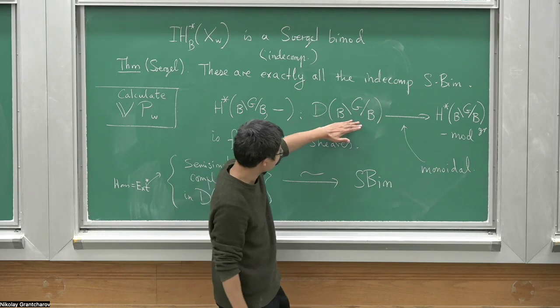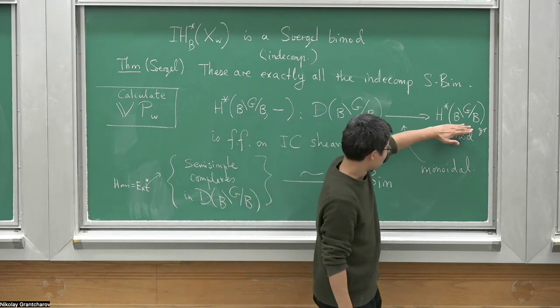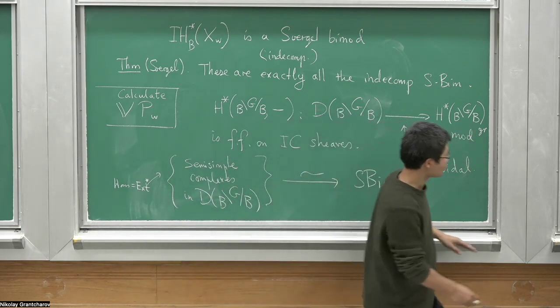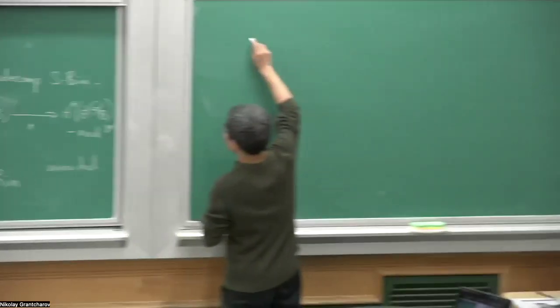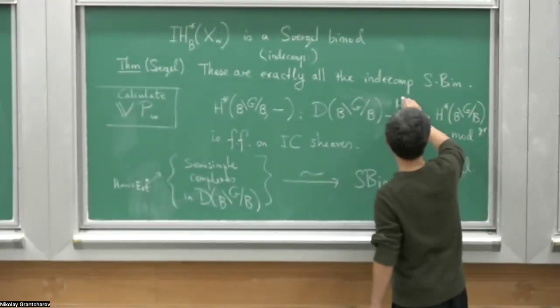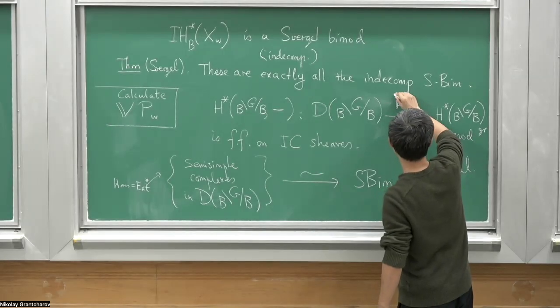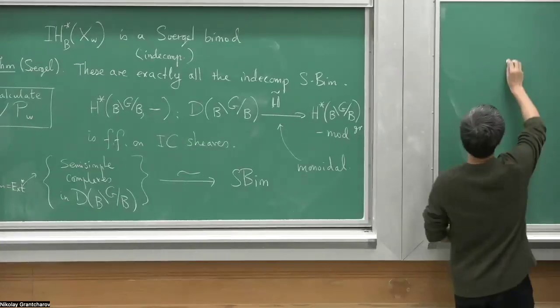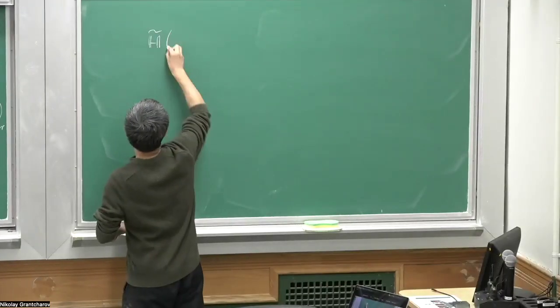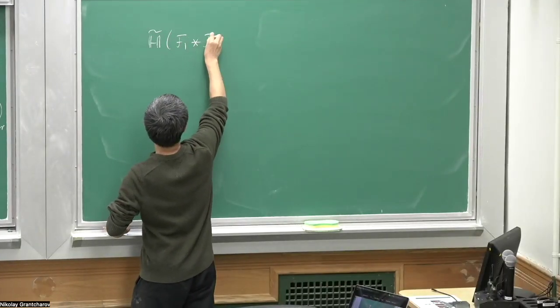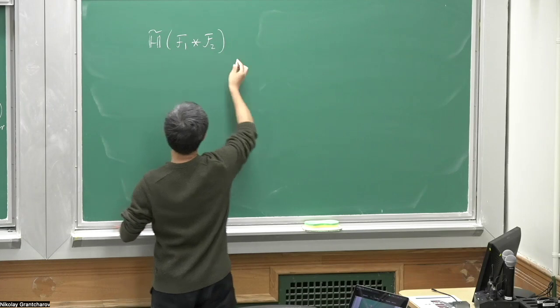So if you convolve two sheaves, the result is H. Convolve two sheaves, then take equivariant cohomology.